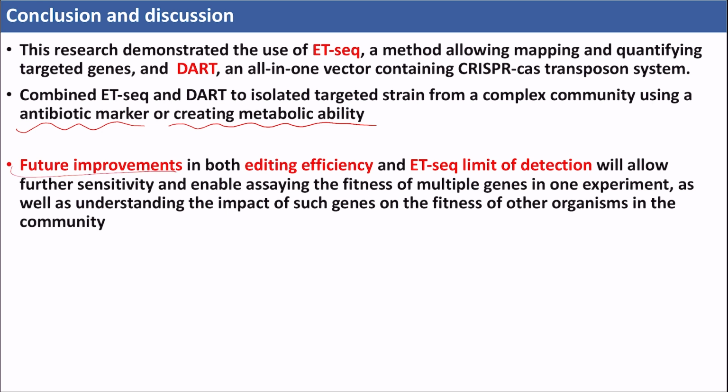And future improvements in both editing efficiency and ET-seq limit of detection will allow further sensitivity and enable assaying the fitness of multiple genes in one experiment, as well as understanding the impact of such genes on the fitness of other organisms in the community.